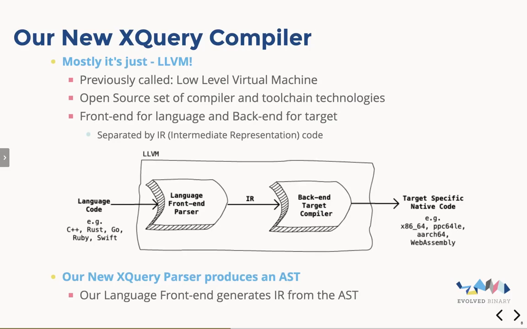What we do is, from our parser, we have our abstract syntax tree. And then we have another application that takes our abstract syntax tree and generates intermediate representation code for LLVM. And then what LLVM does for us is everything else.